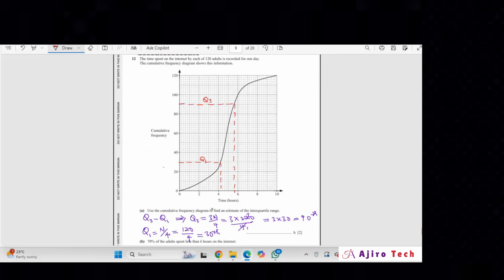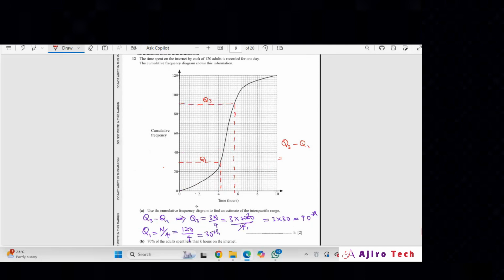Read the values you have here. The solution is going to be Q3 minus Q1. So Q3 now is this place here, so here is 4. You need to read it properly.